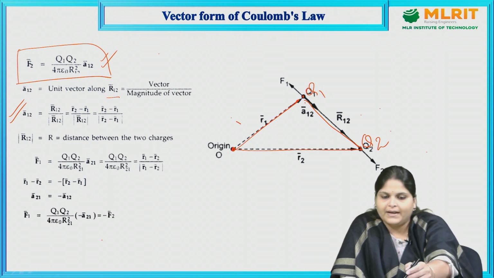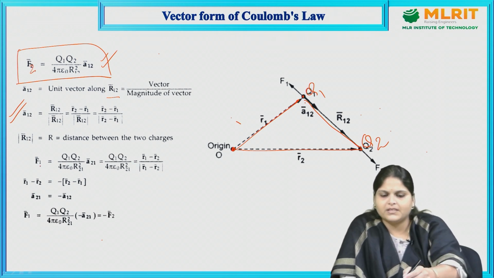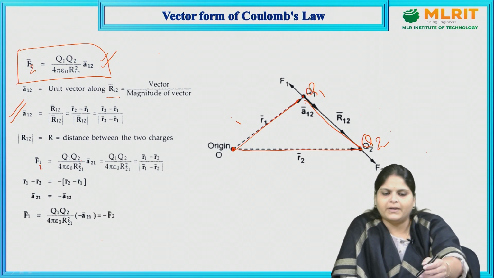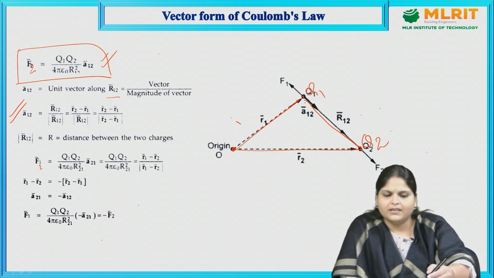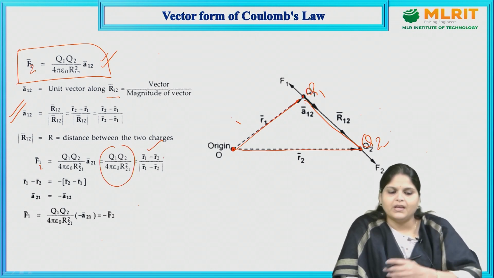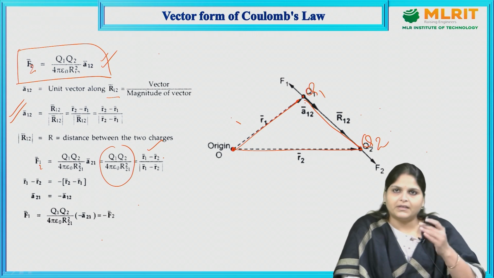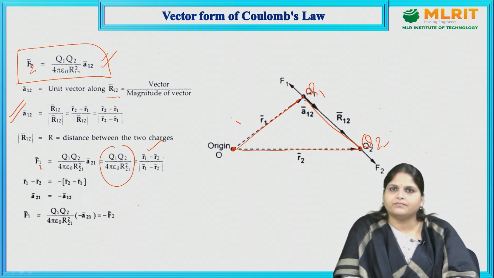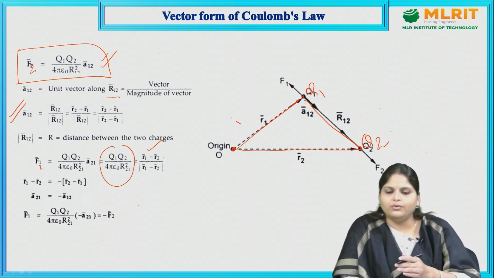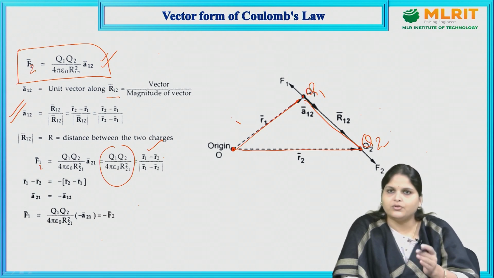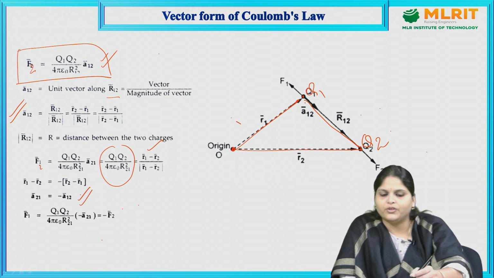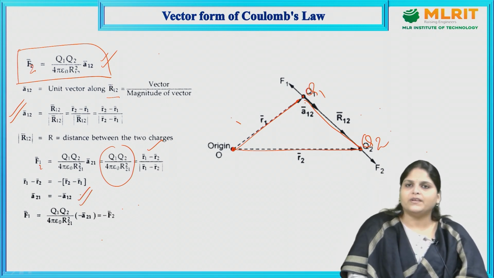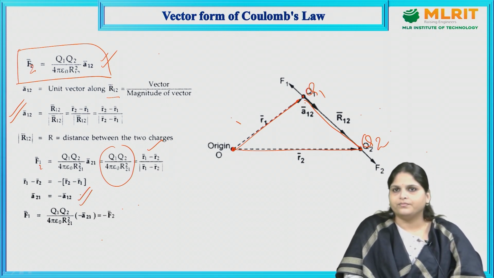Here we are writing for force on 2, here this is force on 1, so in place of r12 it becomes r21. Again the remaining things would be same, the only difference will be r1 minus r2 divided by mod of r1 minus r2. So r1 minus r2 is equal to minus of r2 minus r1. So basically if you write in the form of unit vector, it becomes a21 is equal to minus of a12, right?